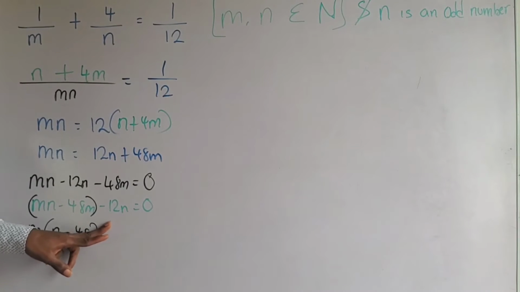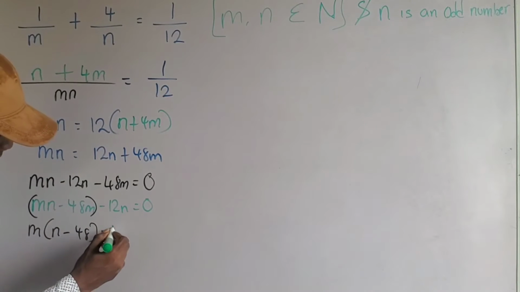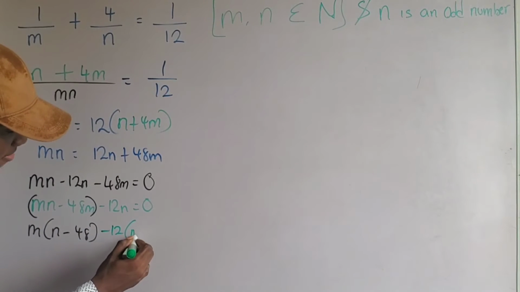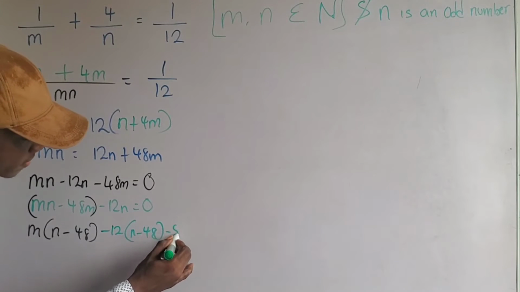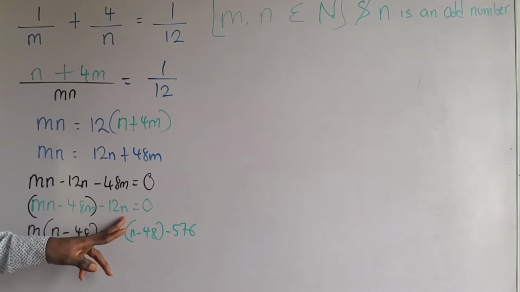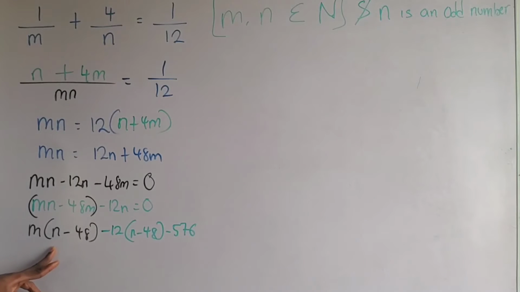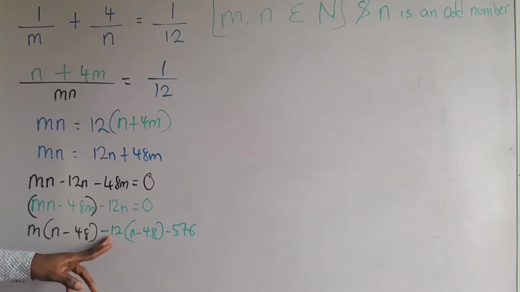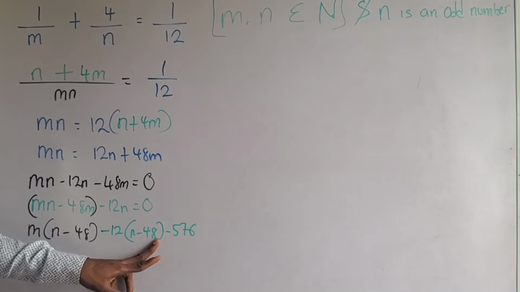Now, this negative 12n, please listen. I can rewrite this negative 12n like this: negative 12 multiplied by n minus 48, minus 576. Don't worry, I'm going to explain. You see, the goal is to find the value of m and n. I also want to express this negative 12n with respect to what we have here. Since n is common, n is part of negative 12n and n is present here, I just put this negative 12 outside, then I put n minus 48 inside the bracket.